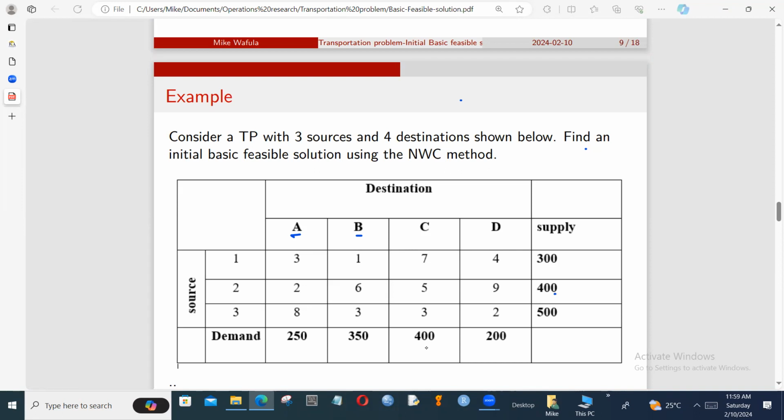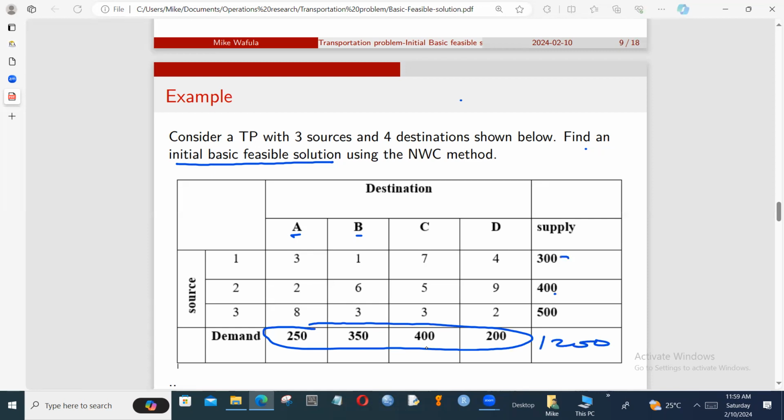Even before we begin the process of finding the initial basic feasible solution, we check whether this is a balanced or unbalanced transportation problem. We sum the demand: 250 plus 350 plus 400 plus 200 gives 1200.